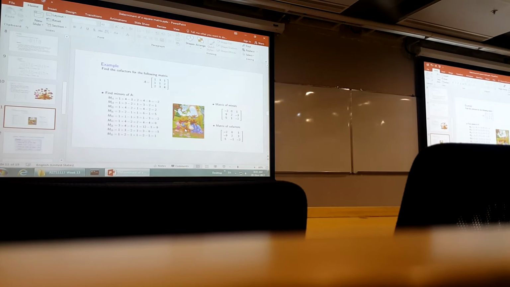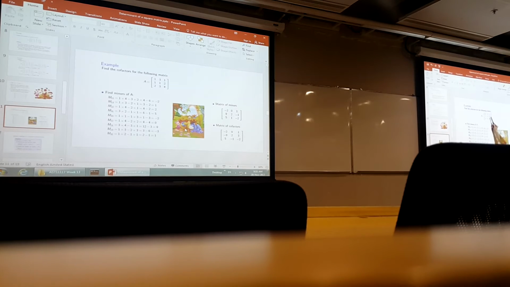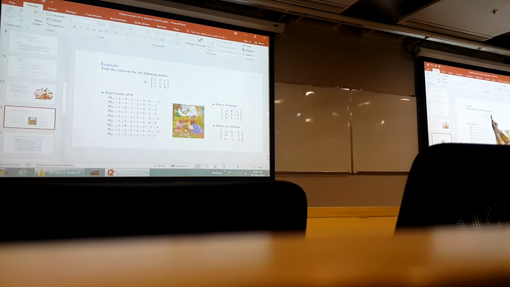For the second position, the minor is 4 minus 4, which is 0. So in this position, the minor is 0. If it is 0, no matter if the position is positive or negative, it is also 0 in the matrix of cofactors.